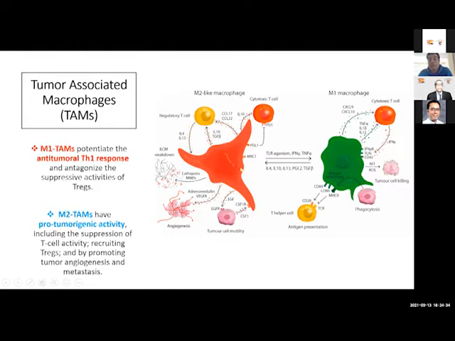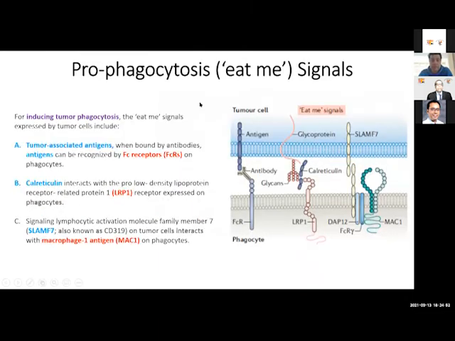M2 has immunosuppressive function. It cannot induce phagocytosis of cancer cells. On the contrary, it enhances angiogenesis and metastasis more. So we wanted to increase the polarization of TAMs present in the tumor microenvironment to M1 macrophages rather than M2 macrophages.